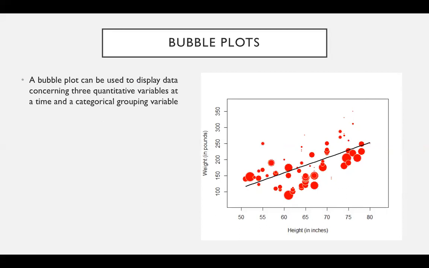And then it shows how that is related to weight in pounds and height in inches. So you see that the bigger bubbles are the ones that are more common. So you can see that the bigger bubbles go below the line of best fit. So the smaller height you have, the lower weight you'll have.